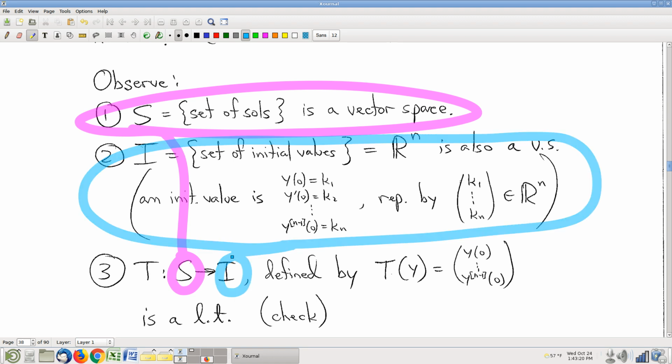I have some color choices. Bear with me for just a second, purple and blue. I'm going to define a linear transformation from the purple vector space to the blue vector space, and the formula is plug in, basically.